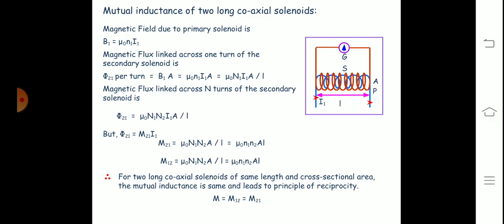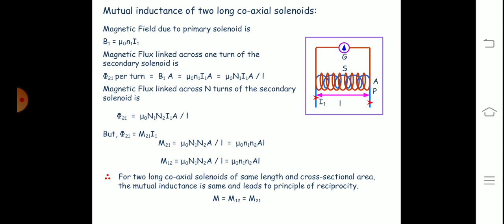Now come on to the expression for the coefficient of mutual induction, or mutual inductance, of two coils. Here again I1 is the current flowing in the primary coil. So the magnetic field due to the primary coil will be given by mu0 N1 I1 by L. Similarly, the total flux linked with the secondary coil, phi2, will be equal to B1 into A, where A is the area of the secondary coil.